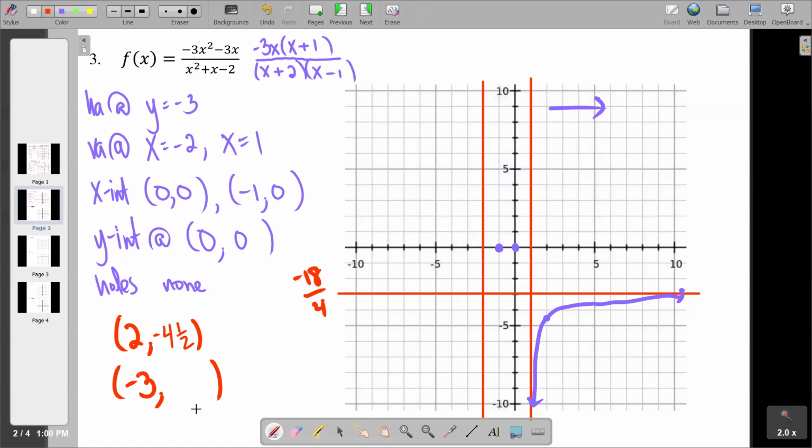And use your calculator as liberally as you wish when you type this stuff in. Did I just get the same dang answer again? I got -4.5 again.